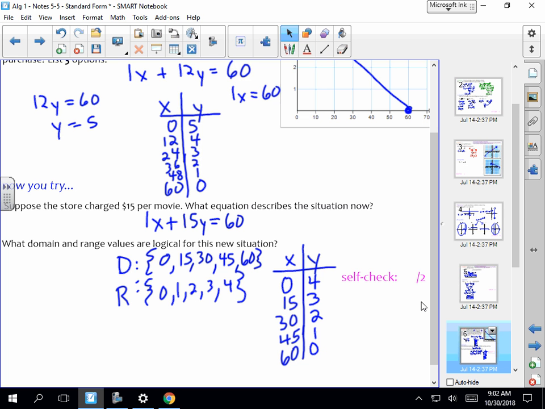Right. So in summary here, the big idea is how you find the x and y intercepts so you can graph it in standard form.